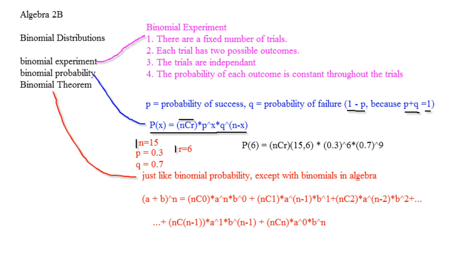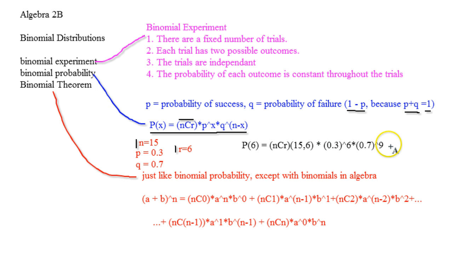We do our calculation here, so nCr 15 choose 6, then we times that by 0.3 raised to the 6th power, and then we times that by 0.7 raised to the 9th power.